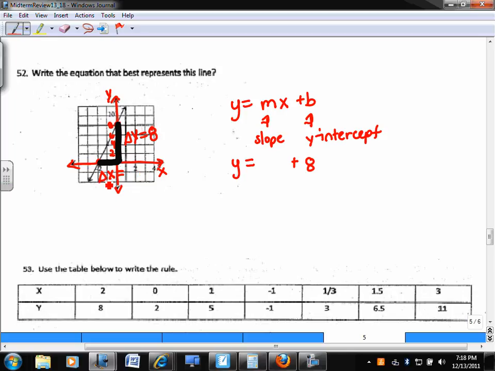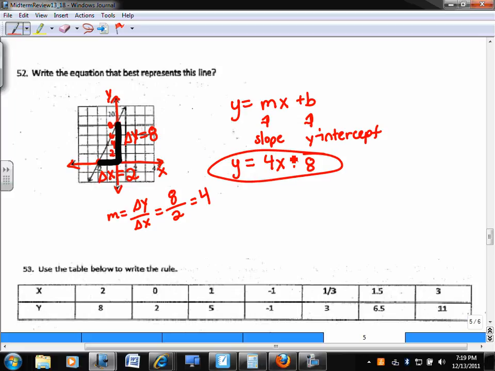We're actually counting by 1s on the x-axis. So our delta x is 2. So slope is delta y over delta x. So we have 8 over 2, which is 4. Therefore, our equation of this line is y equals 4x plus 8.